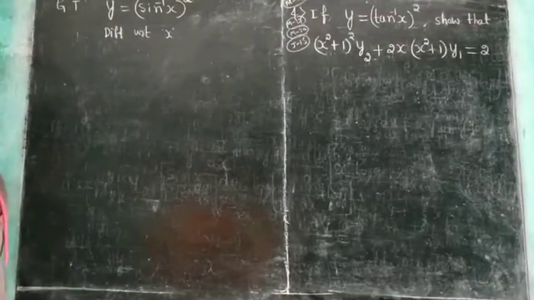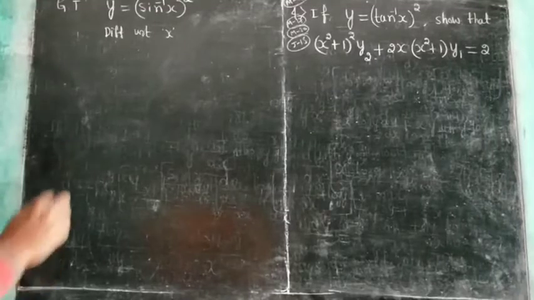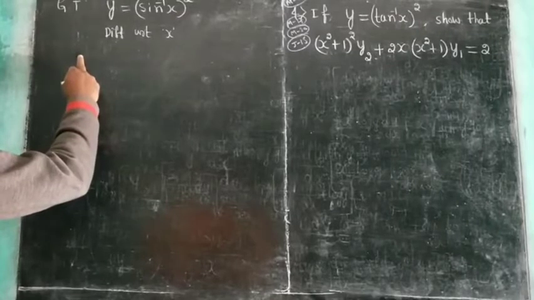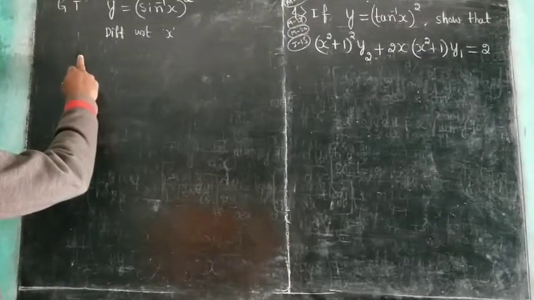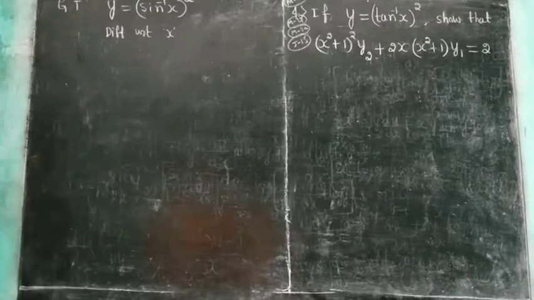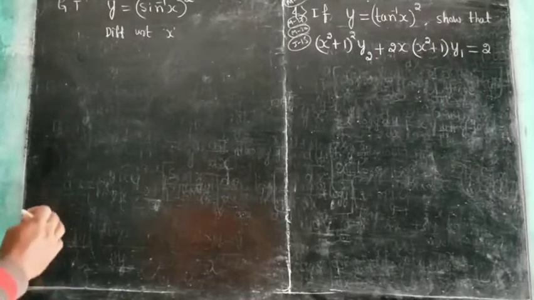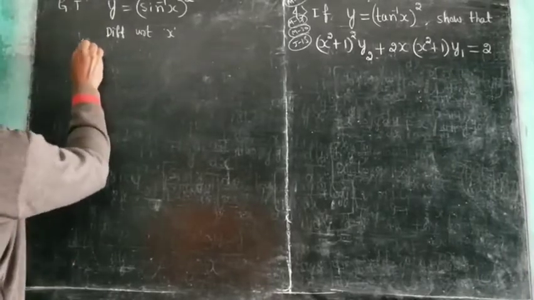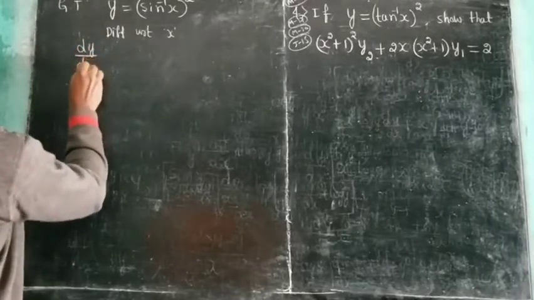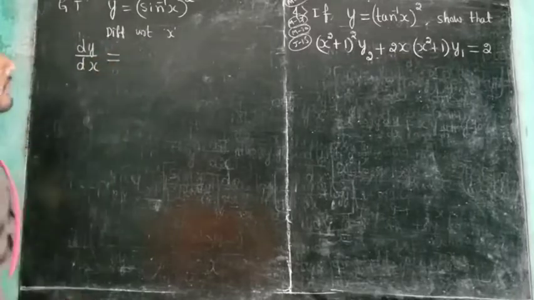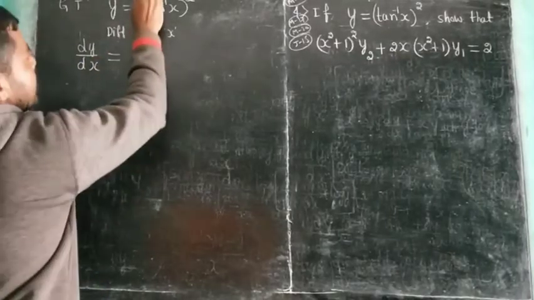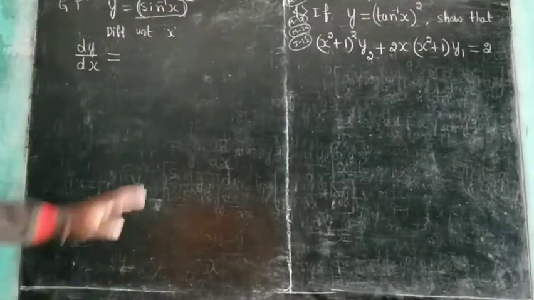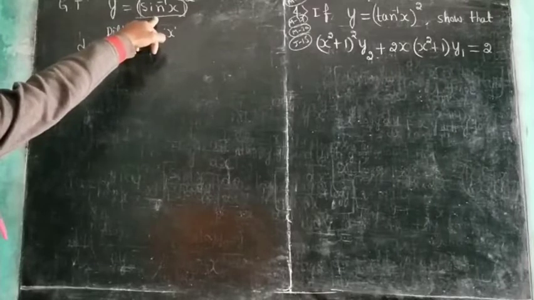In the problem, if there is a y1, then you should write y1 here. The problem containing dy by dx, then we must write dy by dx here. The problem containing y double dash, then you must write y double dash. In this problem we have dy by dx, so dy divided by dx is equal to, consider this one as dabba. Sin inverse of x whole square, sin inverse of x is dabba.